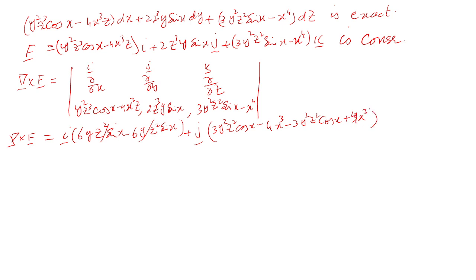So you see 4x cube will cancel 4x cube and this term with this one, so overall 0.